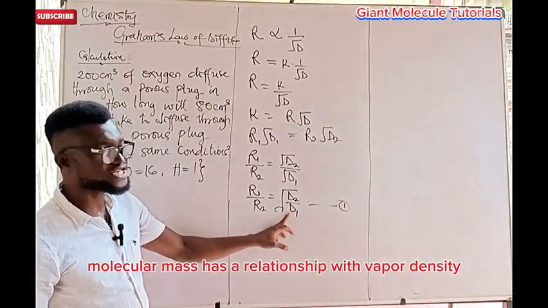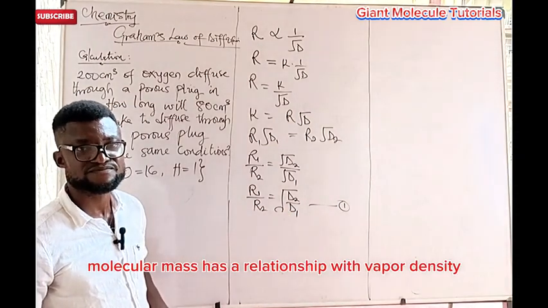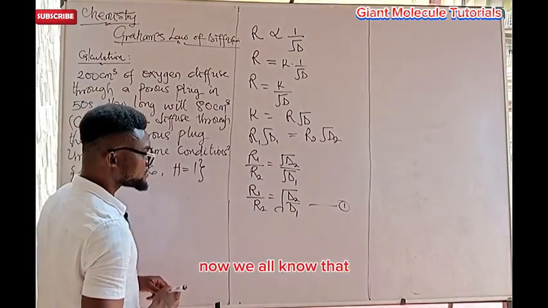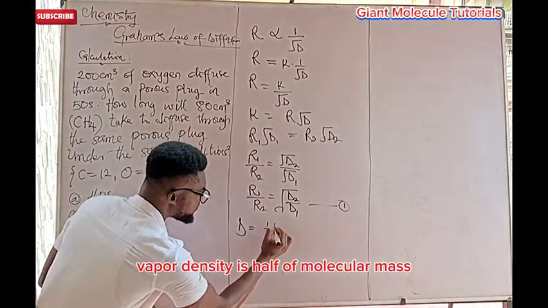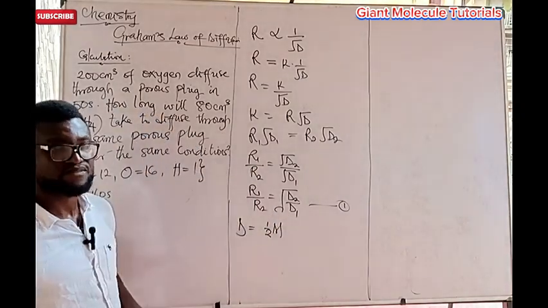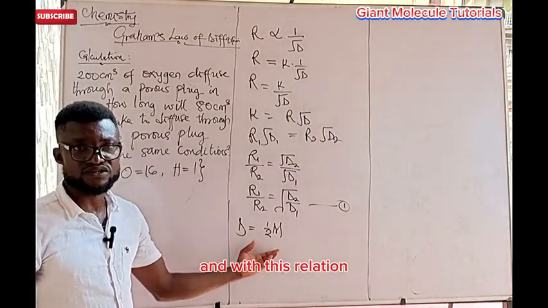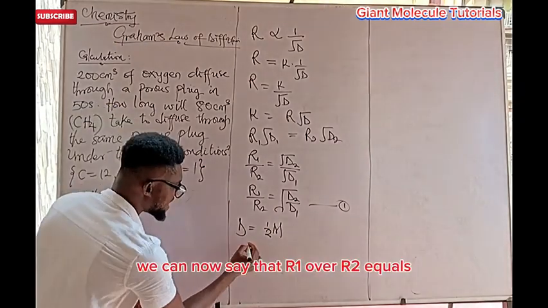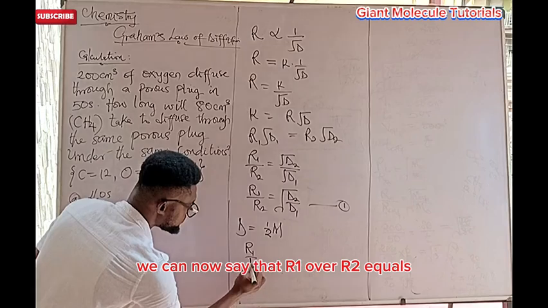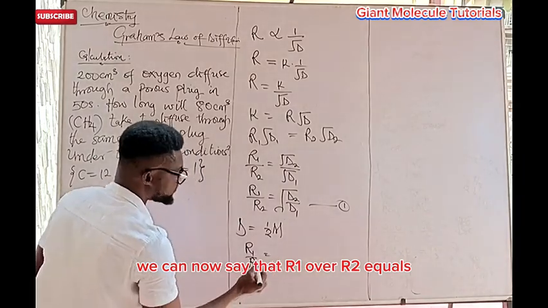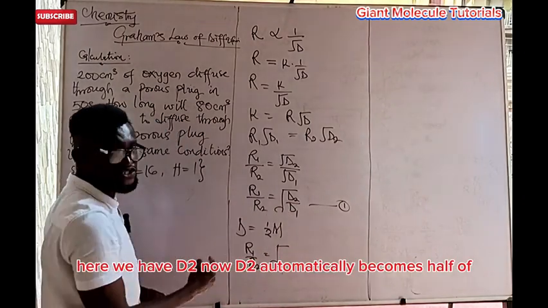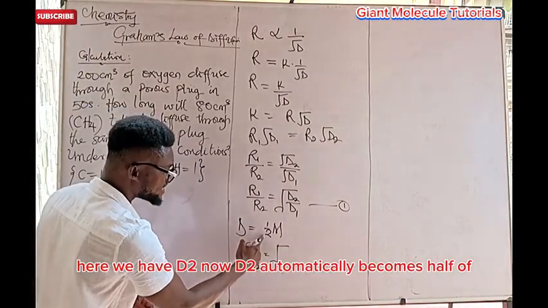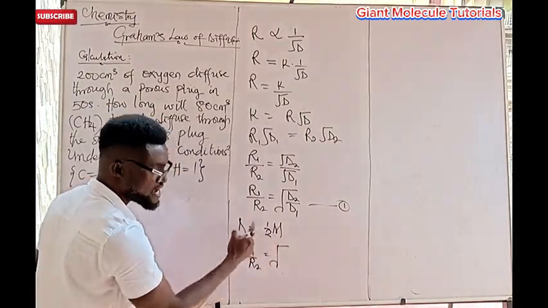Molecular mass has a relationship with vapor density. Now, we all know that vapor density is half of molecular mass. With this relation, we can now say that R1 over R2 equals square root of D2 over D1, where D2 automatically becomes half of M2.